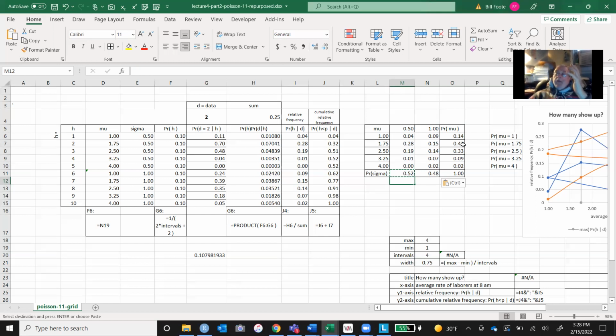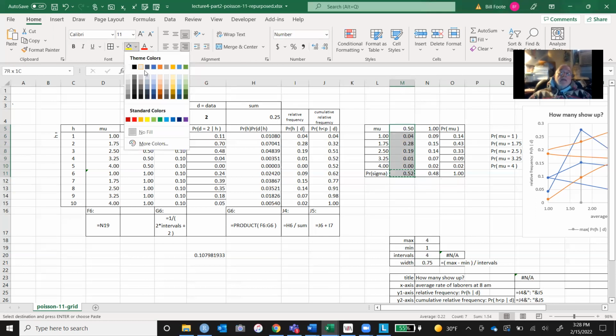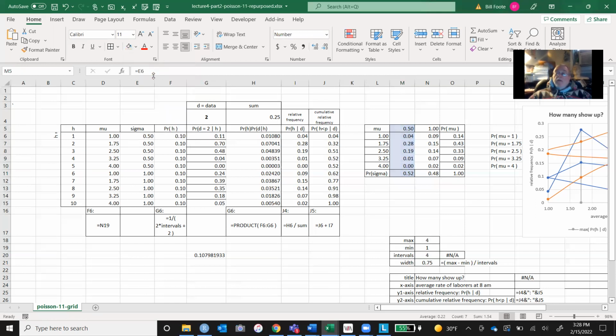And when we combine that with the most plausible mu, this is the intersection. This is where they intersect. This is where they're intersecting. Make this light blue.